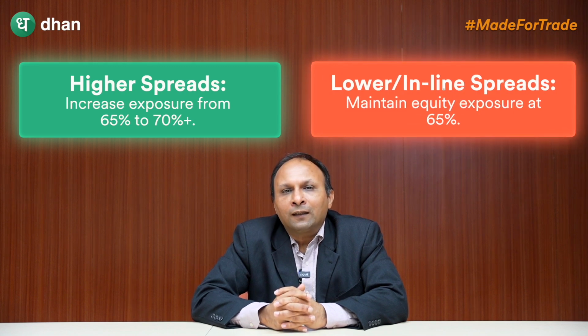While if the spreads are in line or lower than debt instruments, then I like to keep my equity exposure at 65%. This fund is an ideal vehicle for someone who is looking to park funds for 12 months and looking at it as a vehicle for systematic transfer plans into other equity products.